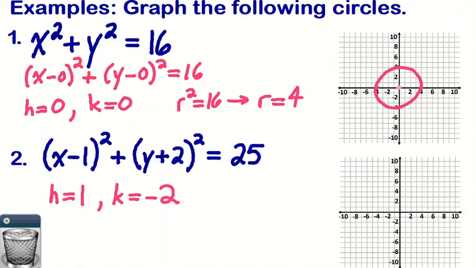So my center is 1 comma negative 2. The only other thing we need is the radius, and if r squared is 25, that means r is 5. So from the center, 1, 2, 3, 4, 5 in each direction, I can then sketch my circle.